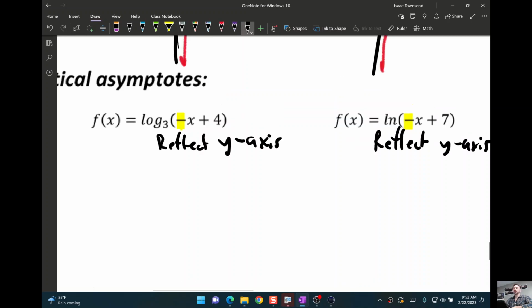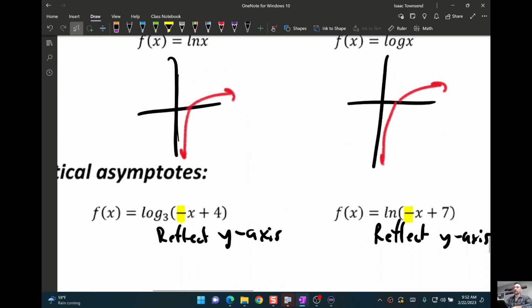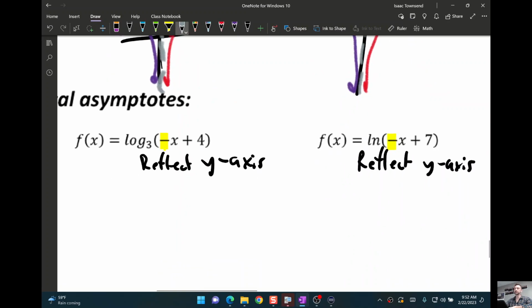And if you flip these over the y-axis, I'm going to do this up here. If I flip them over the y-axis, the vertical asymptote is still here at x equals 0. That doesn't change where that is. So it's still at x equals 0, just based on the y-axis reflection.